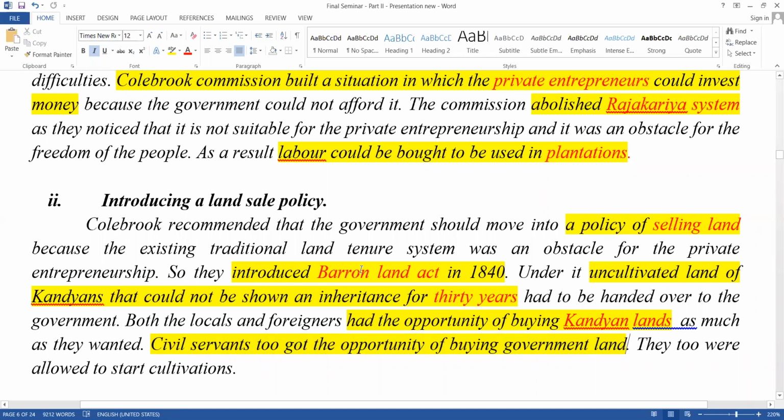Third one, direct taxes were turned into indirect taxes. What are direct taxes? What was the taxation system that prevailed in Sri Lanka? If anyone caught 5 fish, 1 fish had to be given to the government or the tax collectors as tax. If anyone plucked 5 coconuts, 1 should be given. We paid taxes in goods. But the British did not want fish or coconut or anything like that.